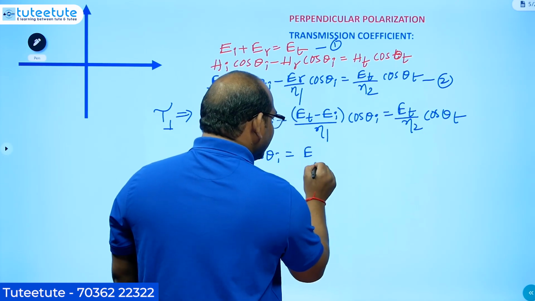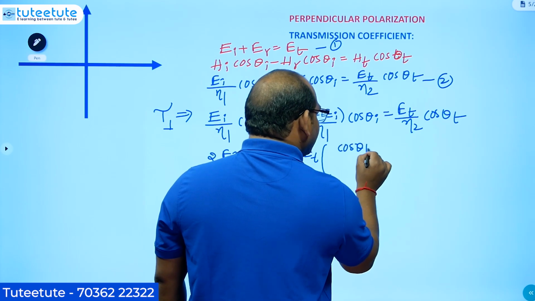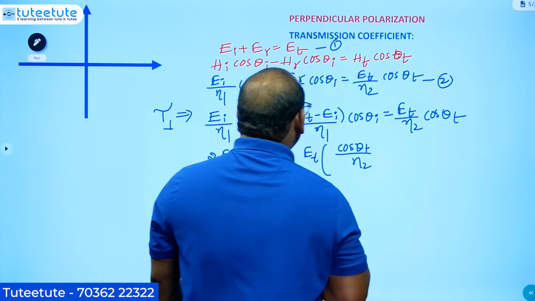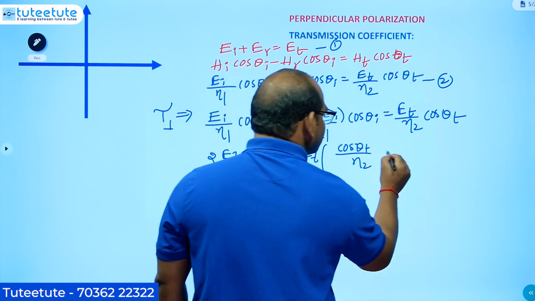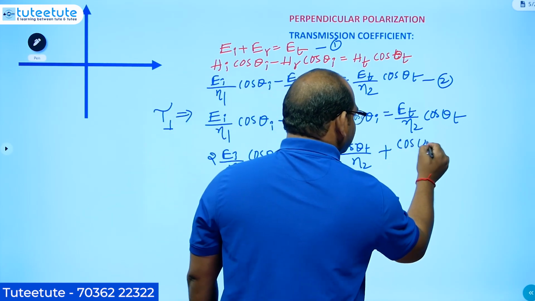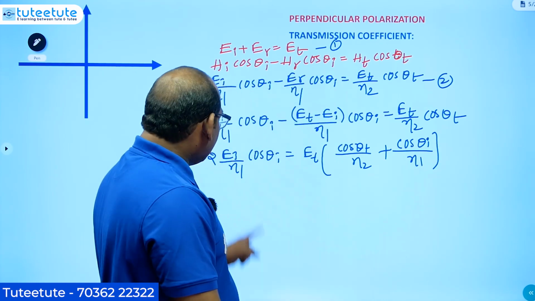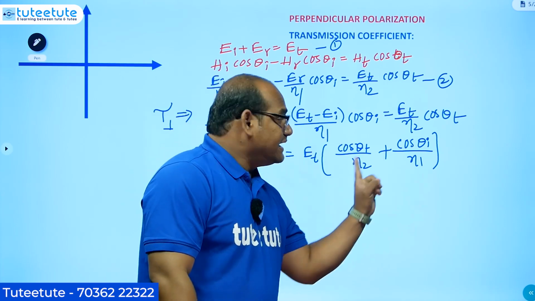And I am taking ET common also. So what can I get here? Cos theta T by eta 2, and this is minus by sending this side plus. So ET we have taken common, and here we will get cos theta I by eta 1. Here eta 1 is there, but here LCM is eta 1 eta 2.